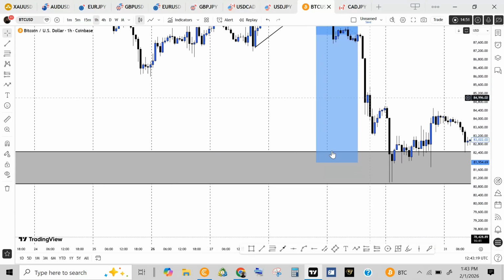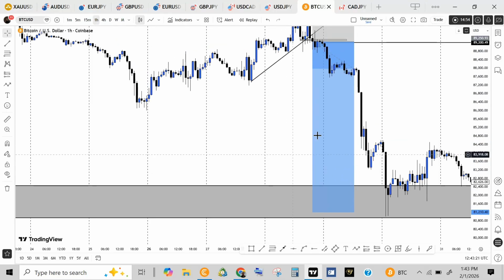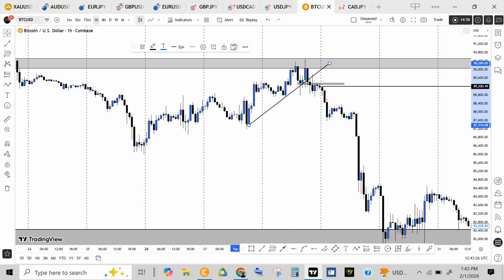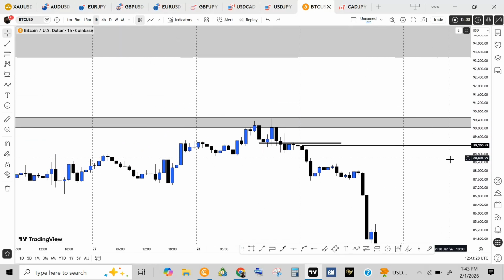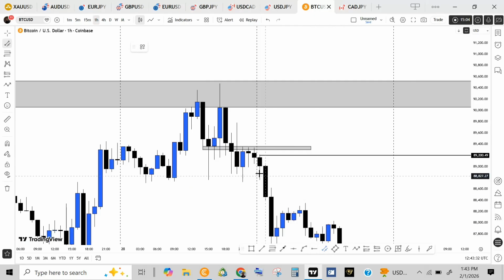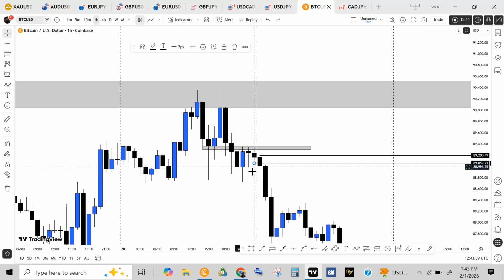So this is giving you about 1 to 10 risk to reward right here. Now, I want to get an even better fix. So another second entry point would be around here.